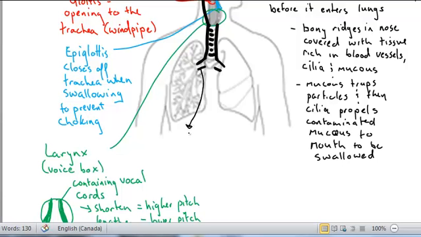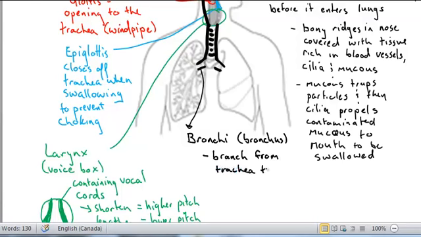Plural, they're called bronchi. So you have a left and a right bronchus, and they branch from trachea to lung.